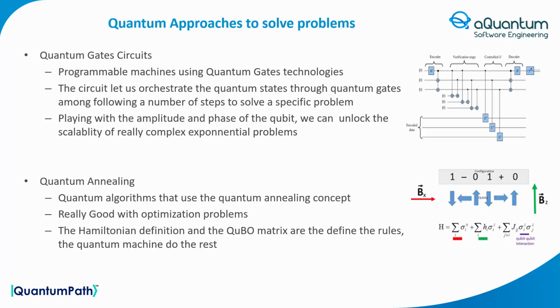On the other hand, we have the technology of quantum annealing. With this technology, the provider has as input the definition of a Hamiltonian that determines the requirements of the problem, and that is encoded in the form of a QUBO matrix.